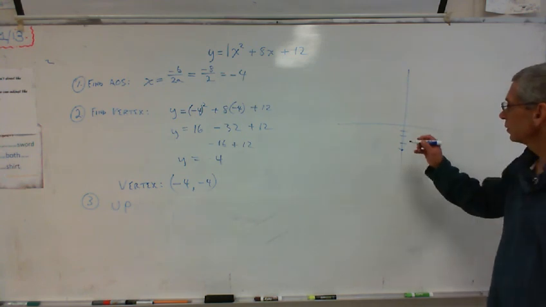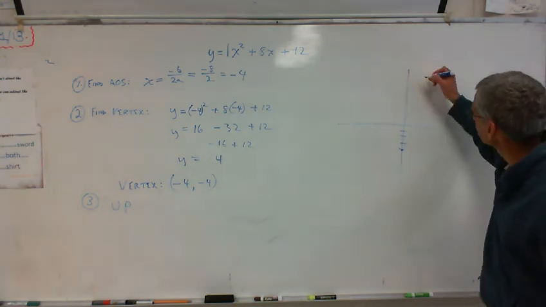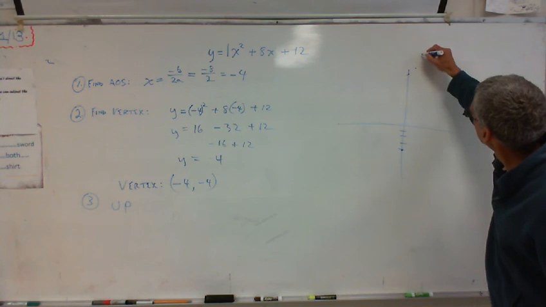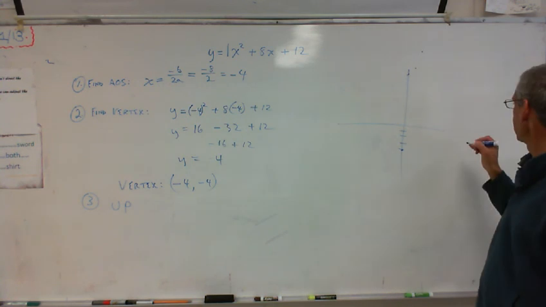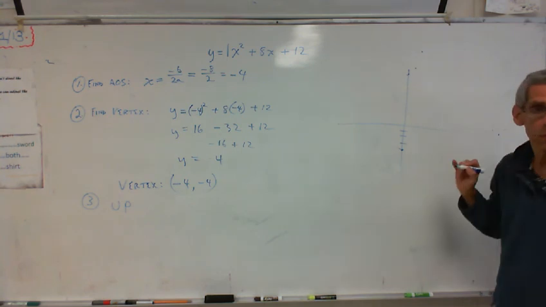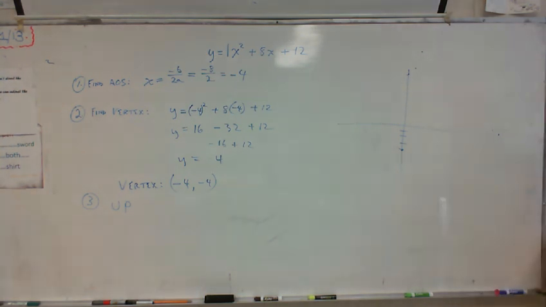Up 1 over 1, the regular standard parabola. Okay, I can just choose. Down at the vertex. Up 1 over 1. At the vertex of -4, -4. Okay, so help me get there.